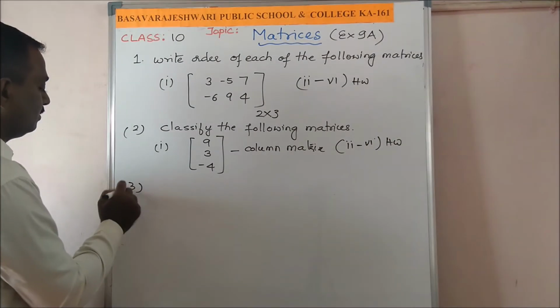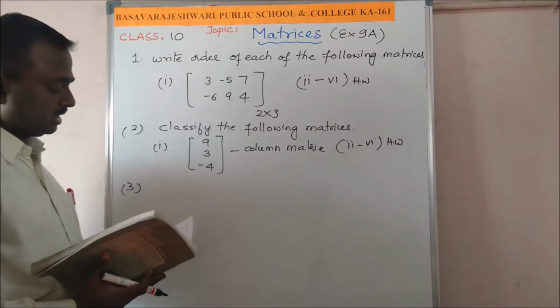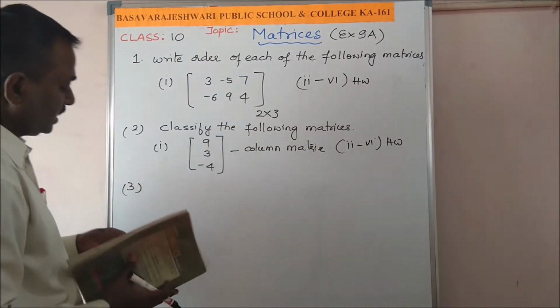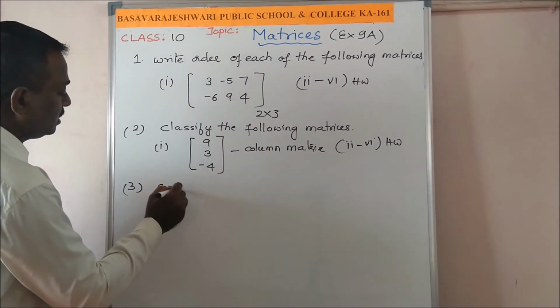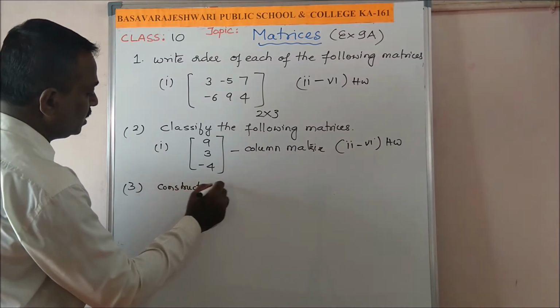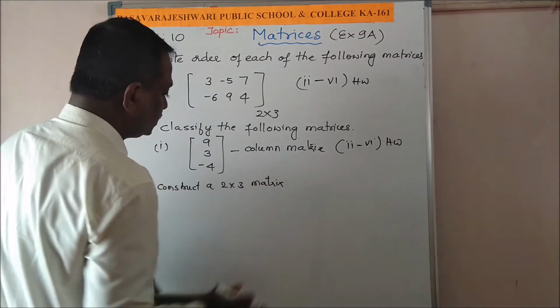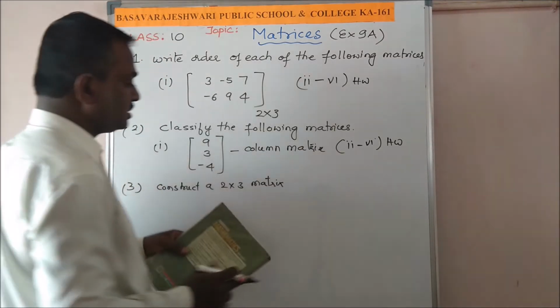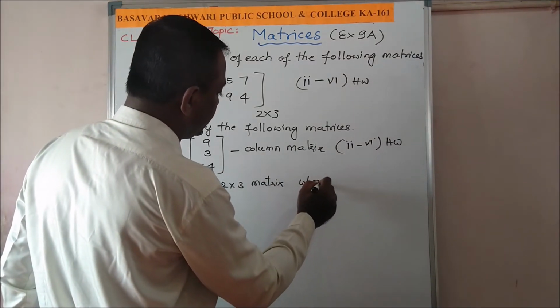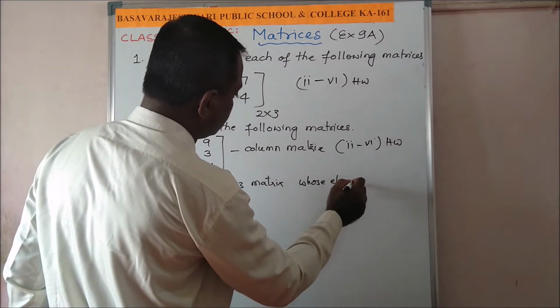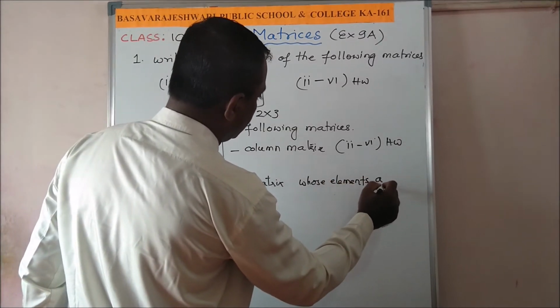Third, construct a 2 into 3 matrix whose elements a_ij.